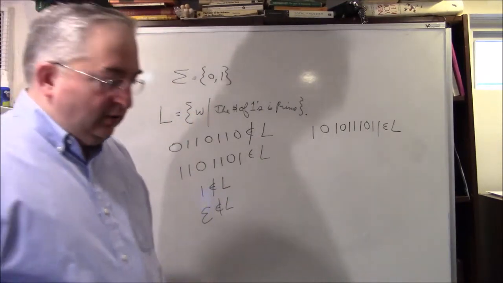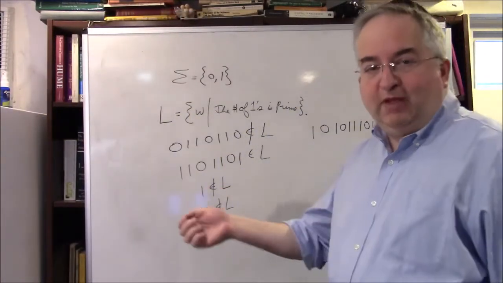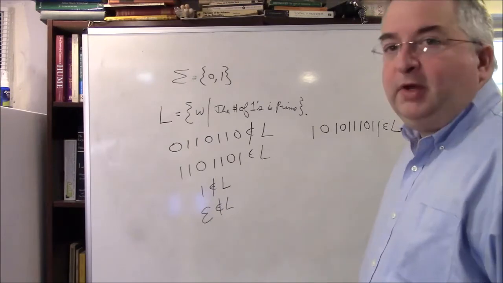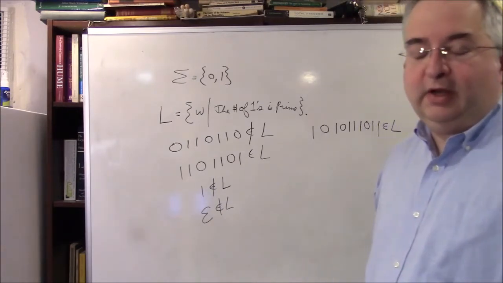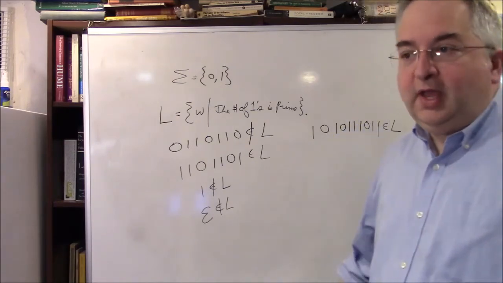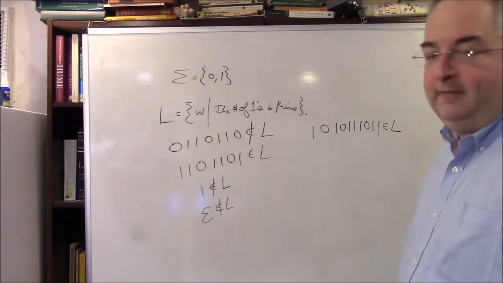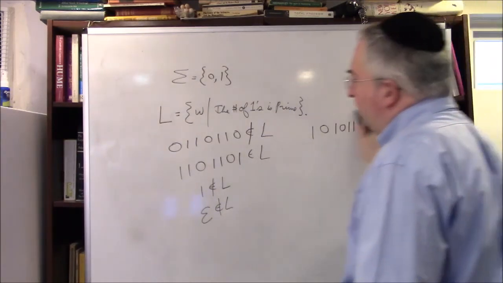Well, very simple. We take the input, we have a counter, and count how many ones there are, and then we have another subroutine to tell if that number is a prime number or not. And it could be done fairly simply. So that's doable. Let's do another one.